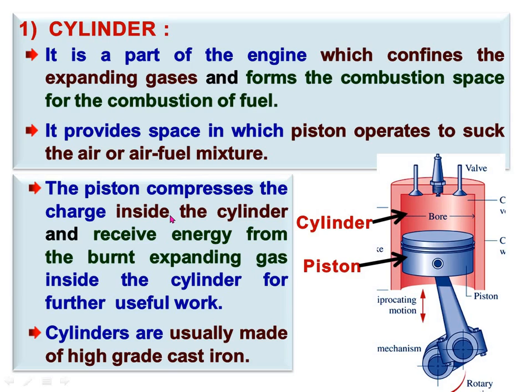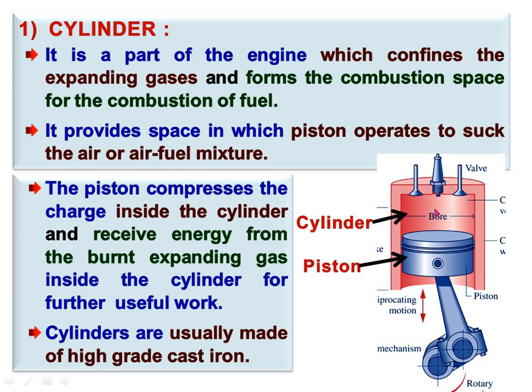So, this burning of fuel gives the expanded gases, and those expanded gases pressurize the piston, and this piston receives the energy from these expanded gases, and it reciprocates in the cylinder. Thus, the piston gives the useful work to the connecting rod, and that is transmitted to the crankshaft.